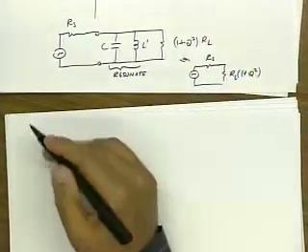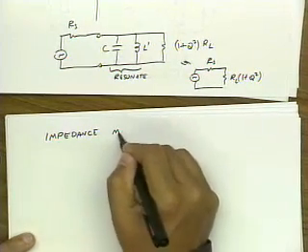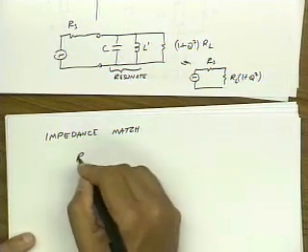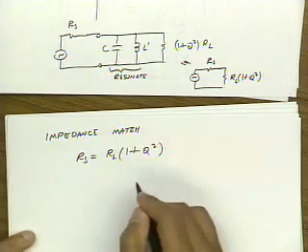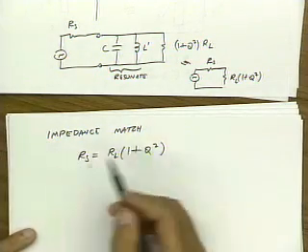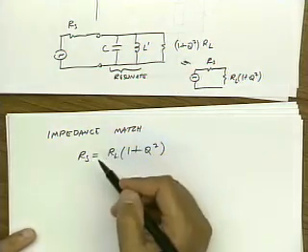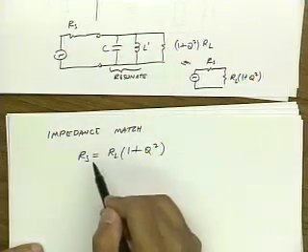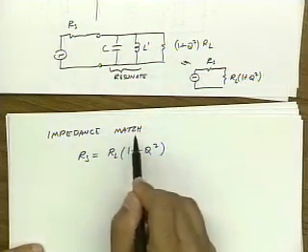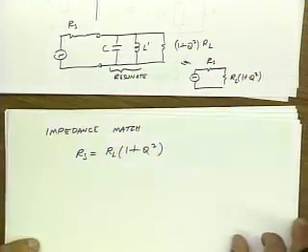So now if I want an impedance match, I would set RS equal to RL times (1 plus Q squared). Now this RS may equal the RS of the source, or it may be equal to the optimum source impedance or the optimum load, and so on and so forth. So it's not necessarily a match to the same impedance, it's a match to the impedance that you'd like to see. Okay?